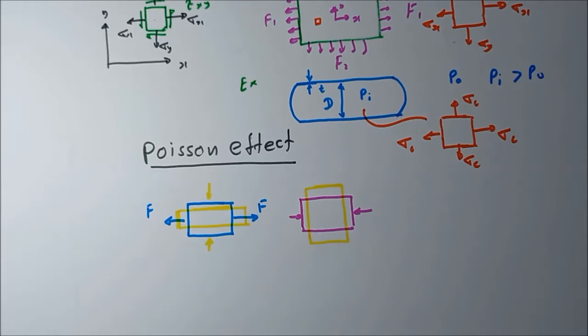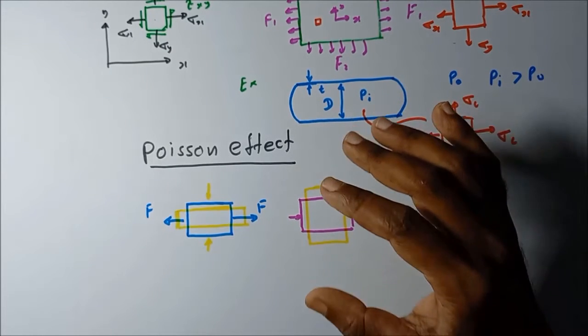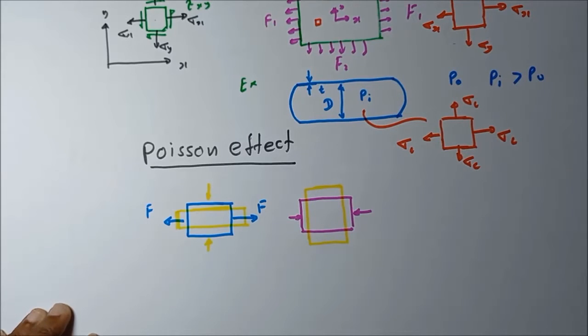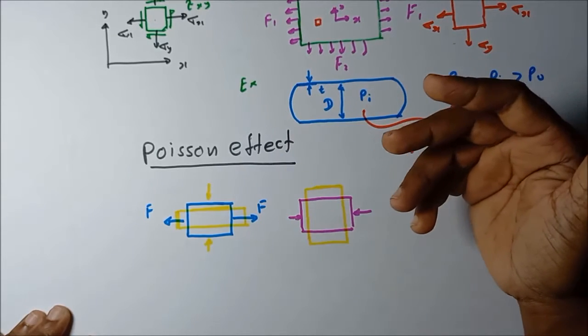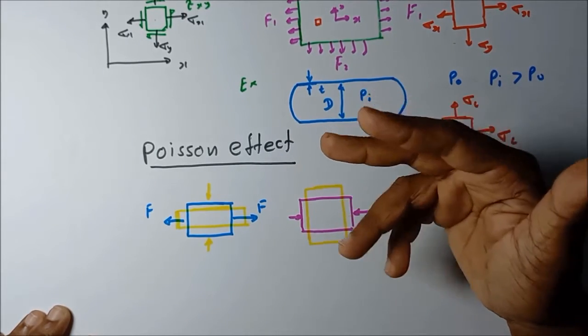The Poisson effect depends on the material. The amount of contraction and extension depends on the material. It's a material property. That amount of contraction or extension due to a certain stress value is a material property that is measured by the Poisson ratio.